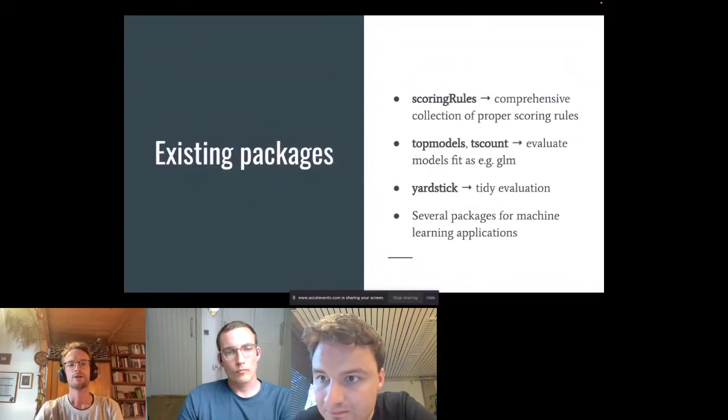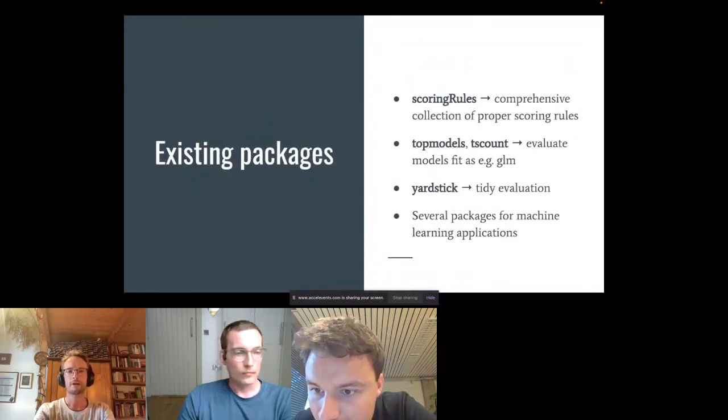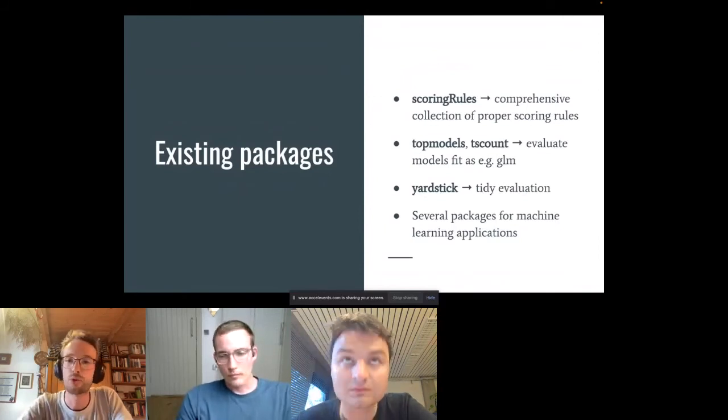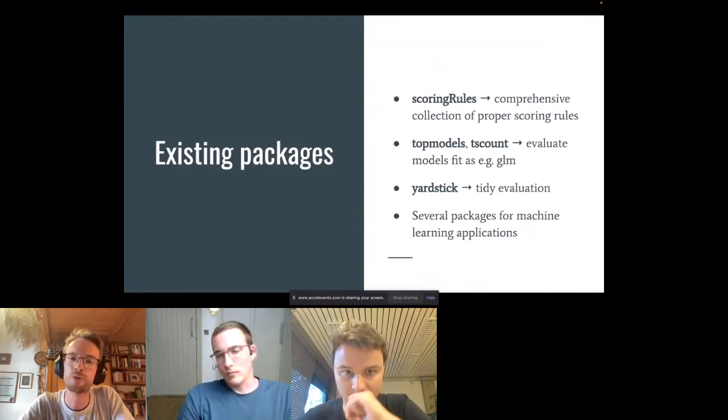Okay, so there are already a few existing R packages, most notably the scoringRules package, which has a very comprehensive collection of proper scoring rules, and other R packages which do forecast evaluation.